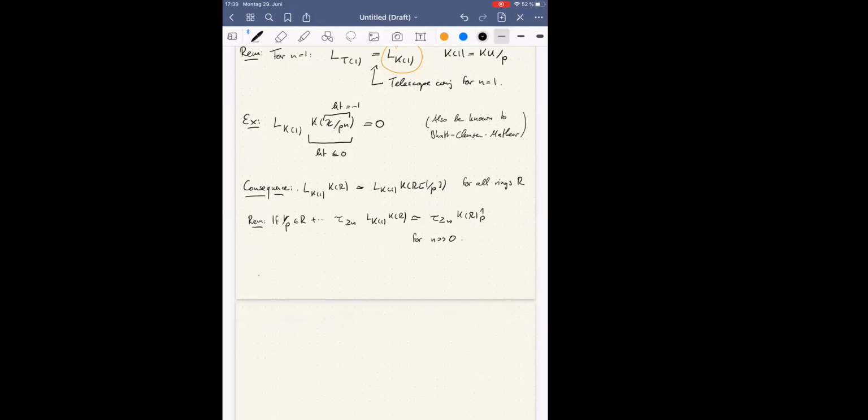And another consequence is that K1-local K-theory is also homotopy invariant.